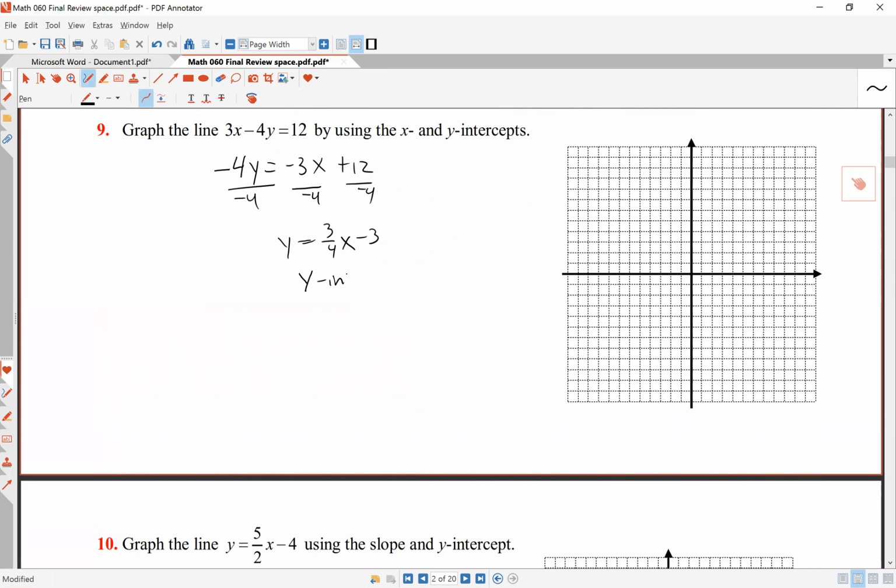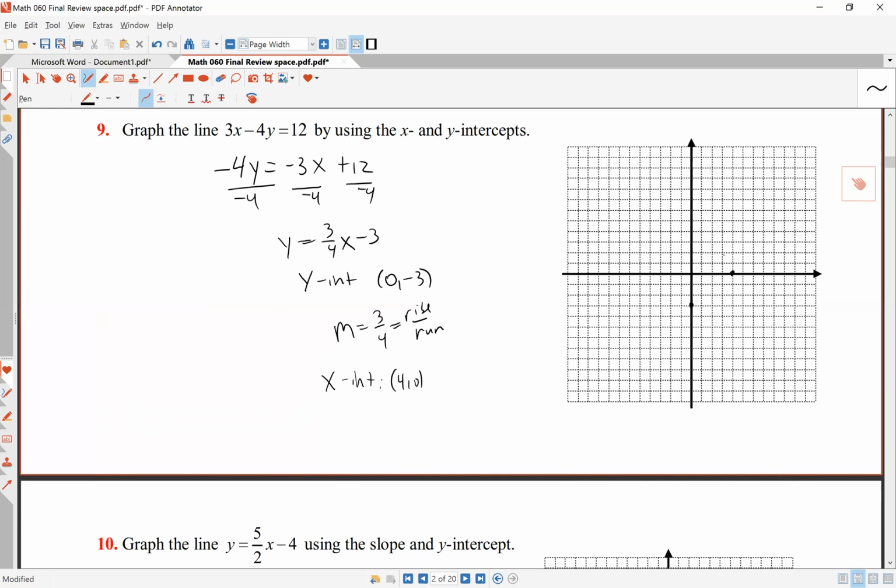So the y-intercept is the b on there, which is 0, -3. And then we have a slope, which is 3/4, rise 3 and run 4. And so it looks like our x-intercept must be 4, 0.